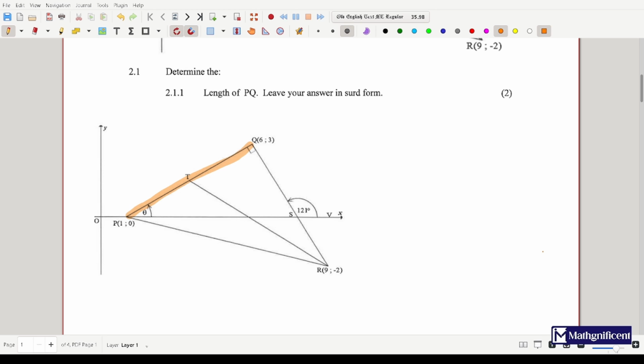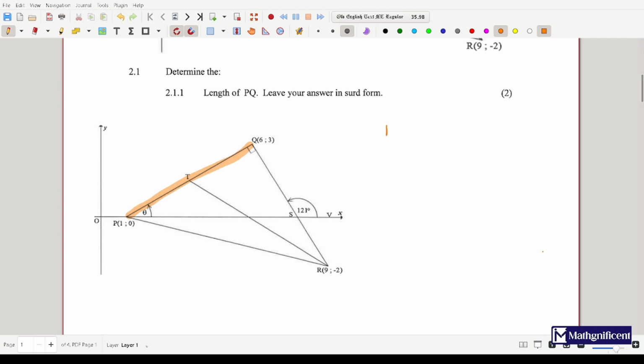Let's see how we can calculate. We know the coordinates of Q, we know the coordinates of P. So meaning that we have point P, we have point Q here, meaning that we can use the distance formula in order to determine the length of PQ.